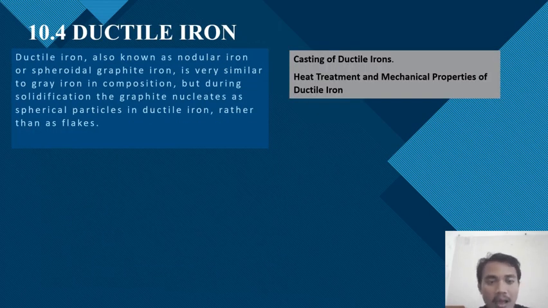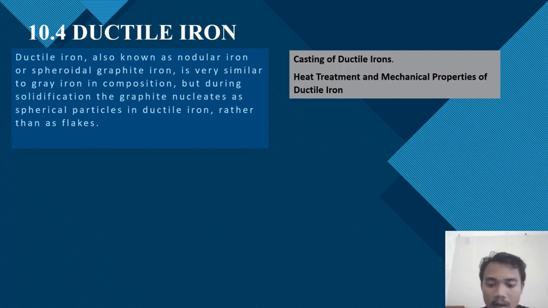Ductile iron, also known as nodular iron or spheroidal graphite iron, is very similar to gray iron in composition, but during solidification, the graphite nucleates as spherical particles in ductile iron rather than as flakes.